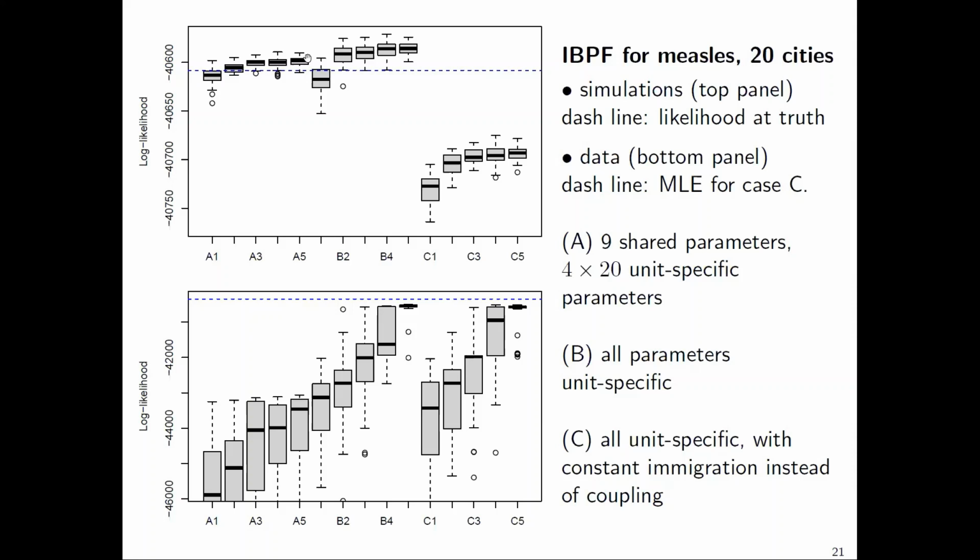And to my mind, this reflects a limitation of the gravity model. The gravity model isn't really giving you an edge over simpler things. I think this is a good research question.